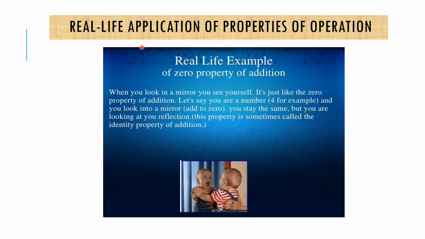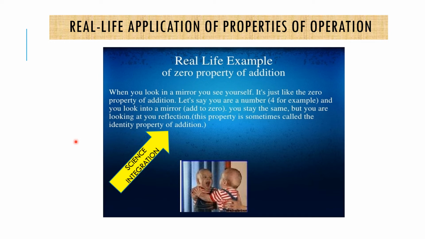We have the real-life application of properties of operation. When you look in a mirror, you see yourself. It's just like the identity property of addition. Let's say you are a number, and you look into a mirror. Add 0, you stay the same, but you are looking at your reflection.